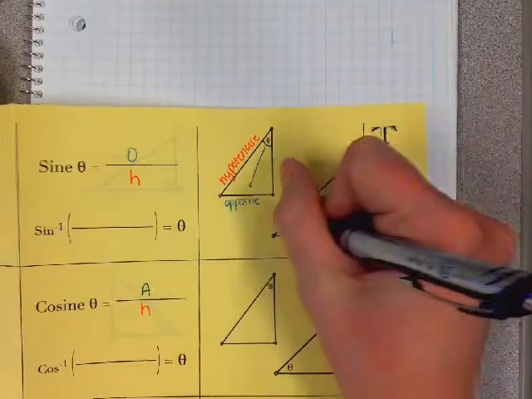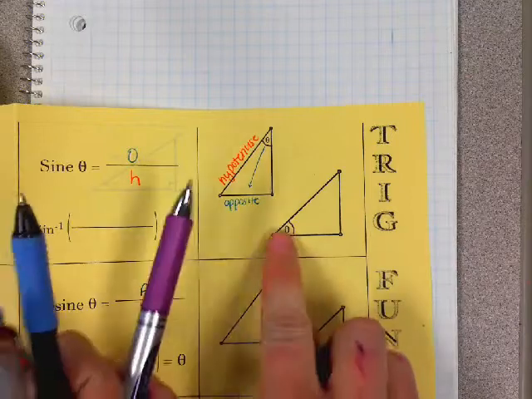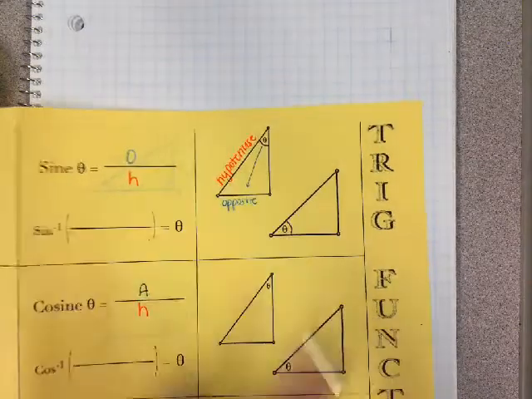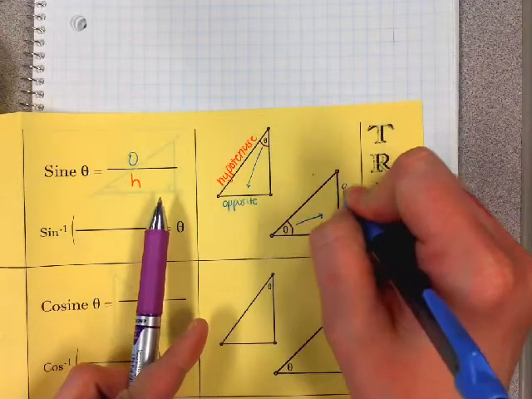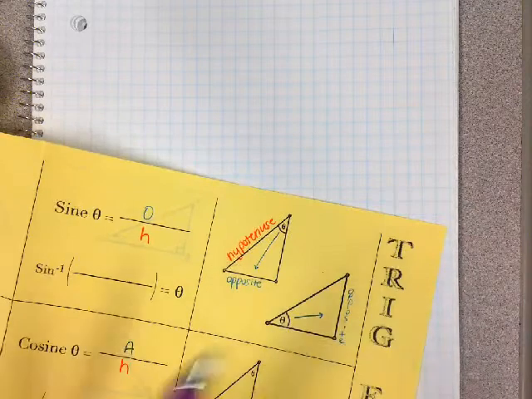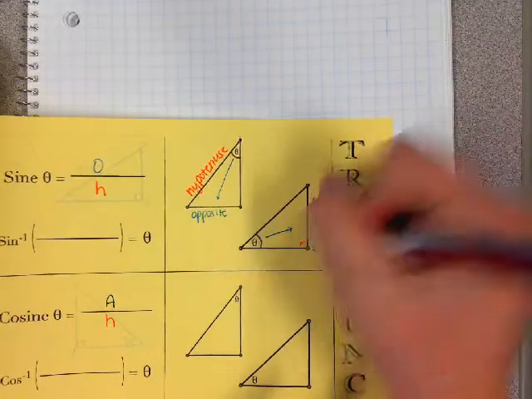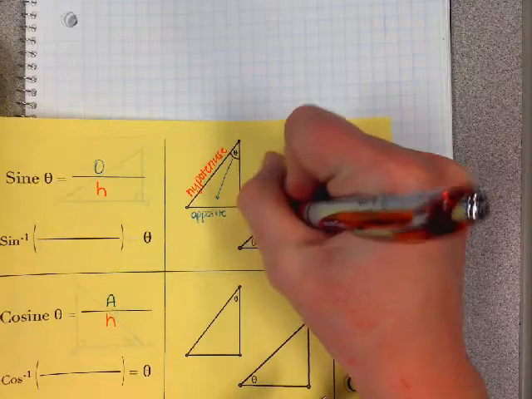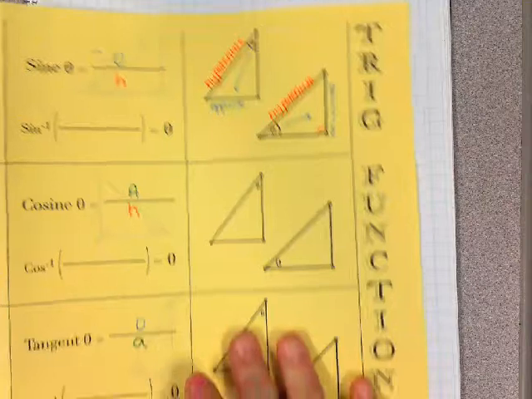If we're talking about this angle, so notice these triangles are set up the same way. If we're saying this one is theta, this one over here would be opposite. And then the diagonal, the one across from the 90 degree, is always the hypotenuse.